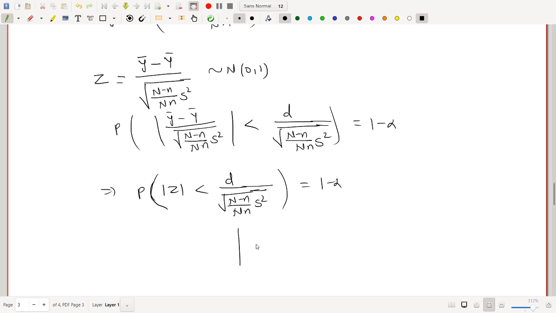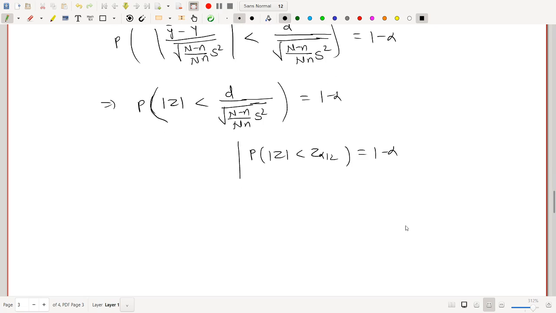When z is a standard normal variable, then probability of mod z less than z alpha by 2 is equal to 1 minus alpha. So compare this with this one, then we get d upon root of (N minus n) upon (N n) into S square is equal to z alpha by 2.